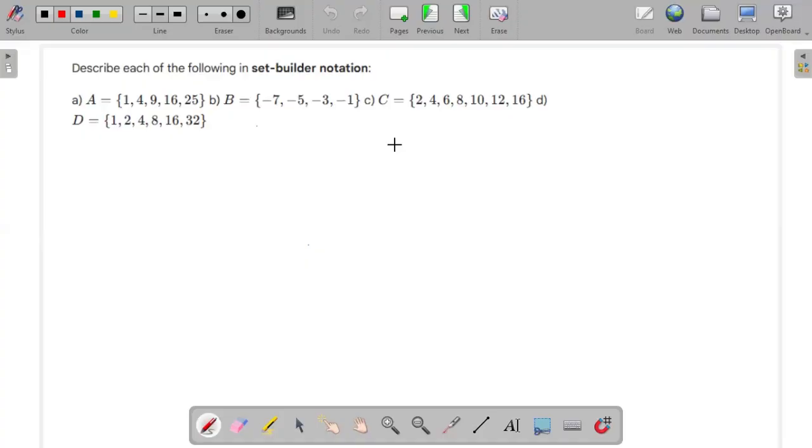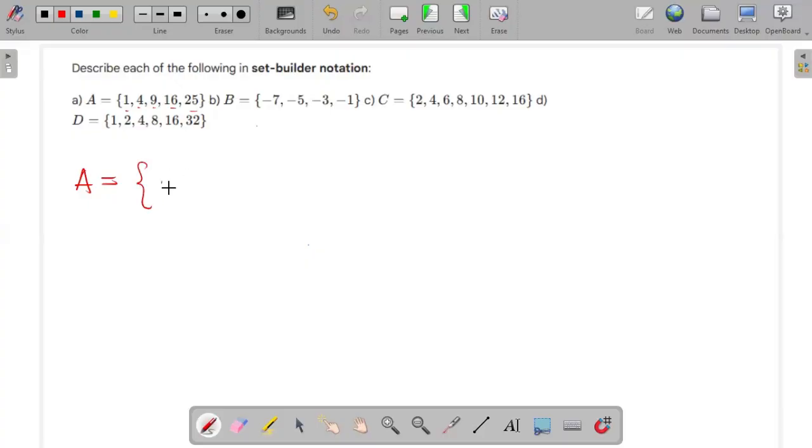So we have to describe using the shorthand form which was given in part 1 of the question. So we have set A, and when we look at the numbers in set A, I have 1 as the first one, 4, 9, 16, and 25.